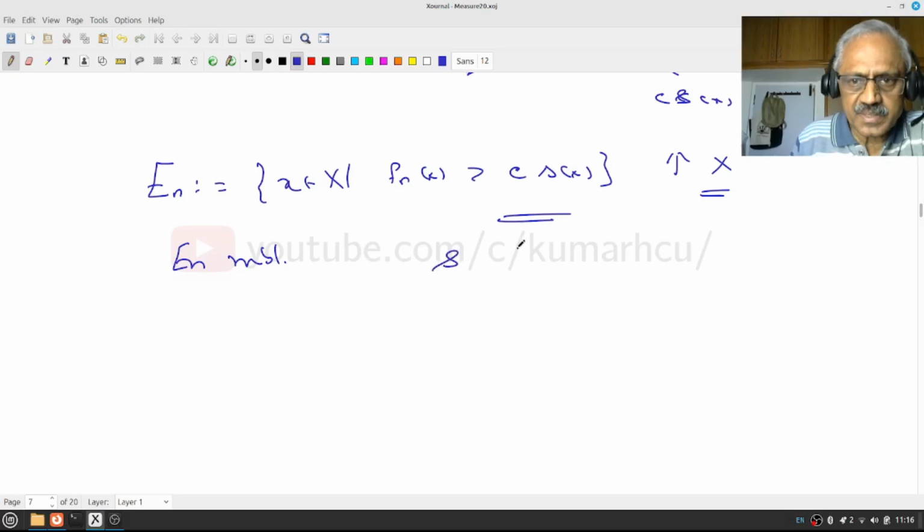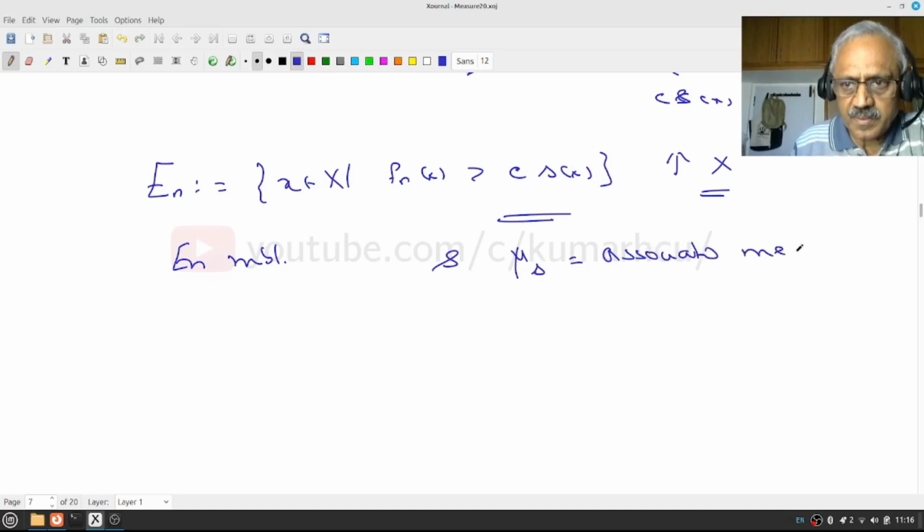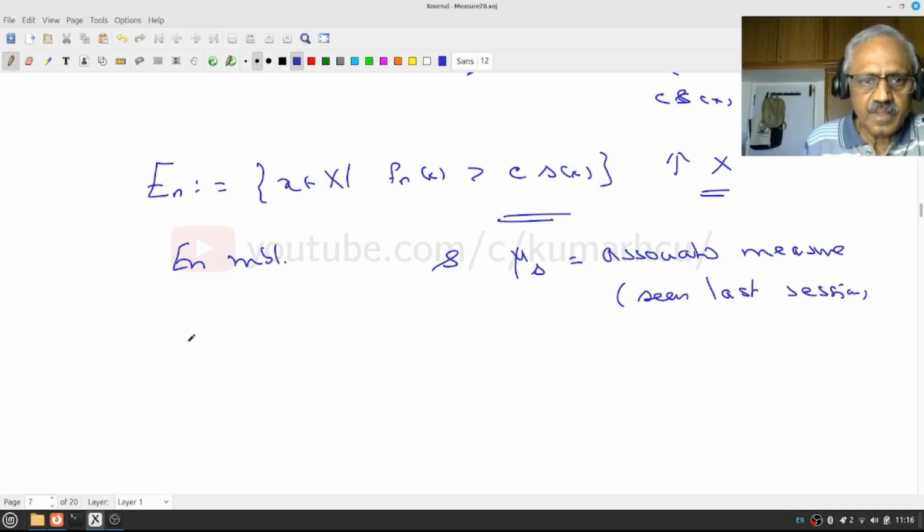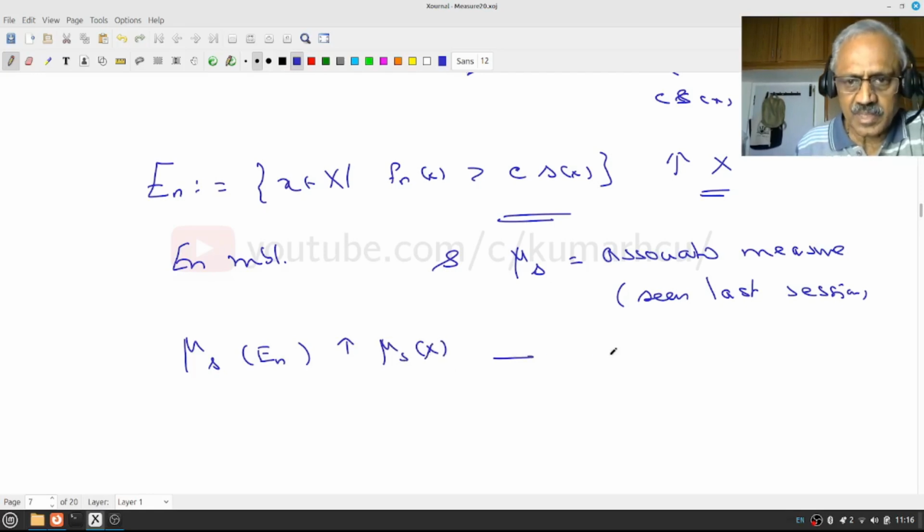Since S is fixed, then we have the mu s. This is the associated measure which we saw in the last session. Therefore, I know mu s of En should increase to mu s of X. That is for abstract measure theory; we had already proved it.